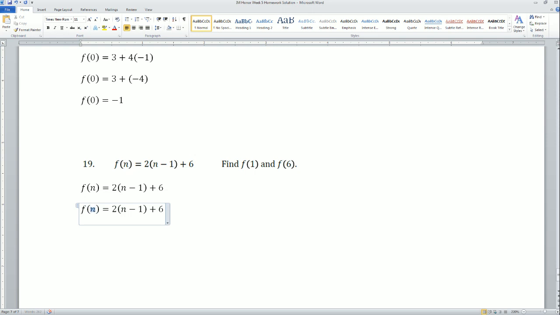Substitute here 1 for n. Next line, 1 minus 1 is equal to 0. Let me just write this for you. Sub in n is equal to 1. 2 times 0 is equal to 0. Correct. So, function of 1 is equal to 6.